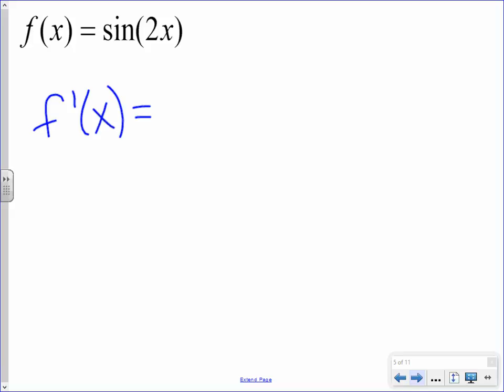So our derivative, what is the derivative of the outside? Cosine. Leave the inside the way that it is. Times the derivative of the inside, which is 2. So the derivative is 2 cosine 2x.